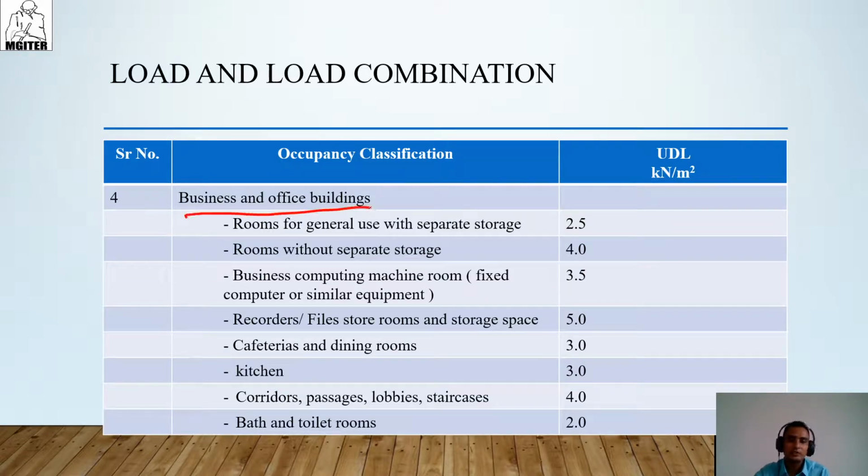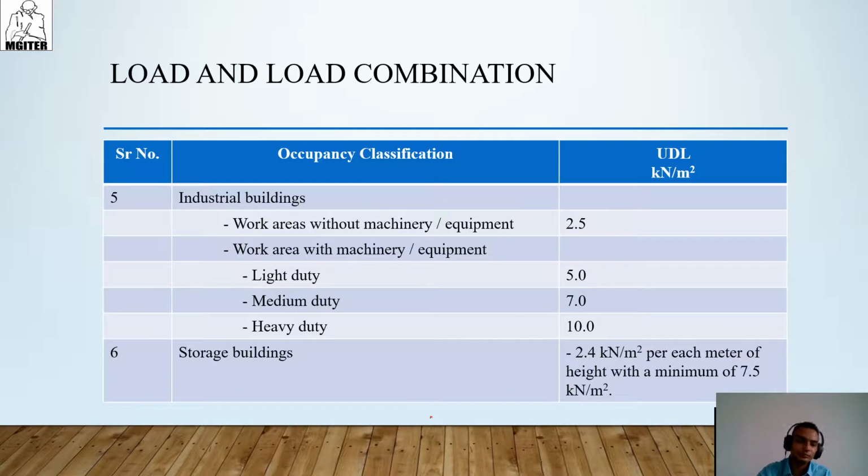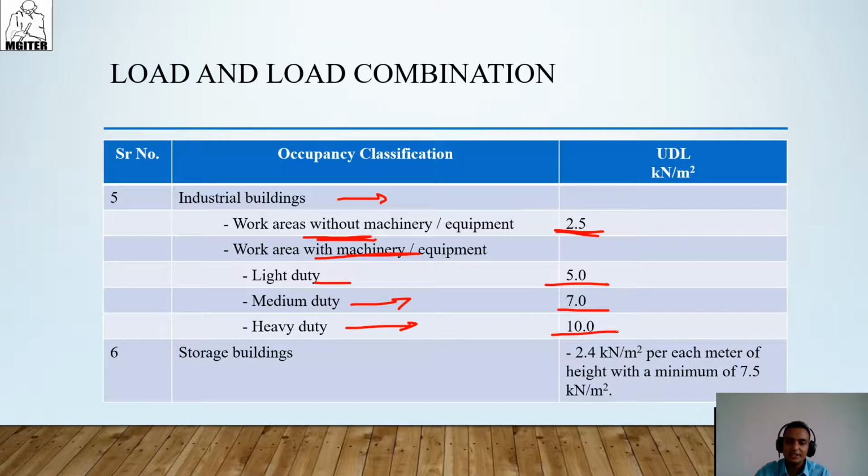Then business and office building, rooms for general use, rooms without separate storage, machine room, storage space, cafeteria, kitchen, corridor, bath and toilet room. Then industrial building without machinery 2 kN per meter square, with machinery light duty 5 kN per meter square, medium duty 7 kN per meter square, heavy duty 10 kN per meter square.